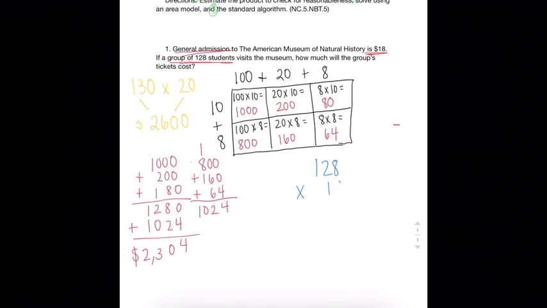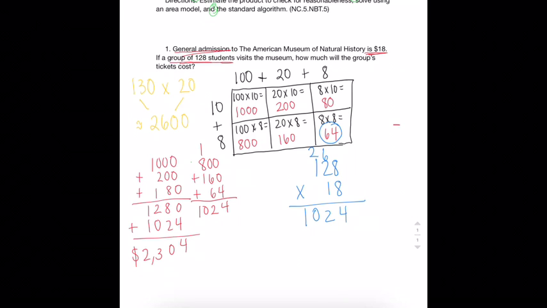So here I'm just going to do 128 times 18. That's what the standard algorithm is. The first step when we're multiplying using the standard algorithm is to multiply the number in the ones place. So we're actually doing 128 times 8 ones.